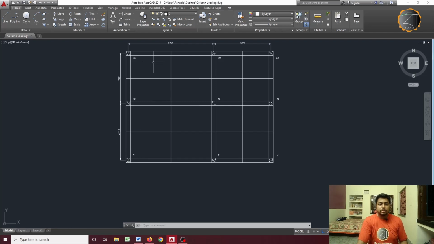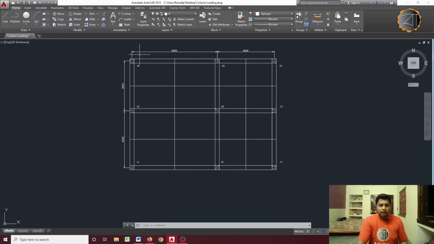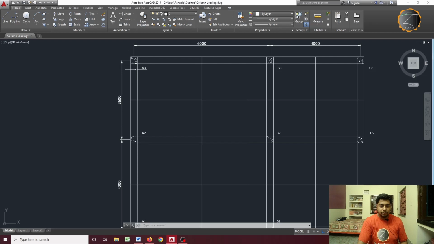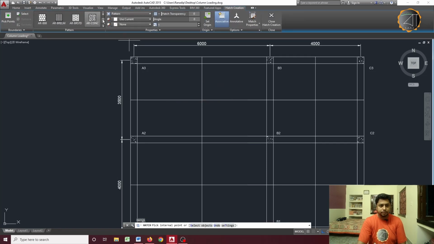So now, column A3 will carry the loads coming into the influence area, which is like this. I am showing it in hatch.